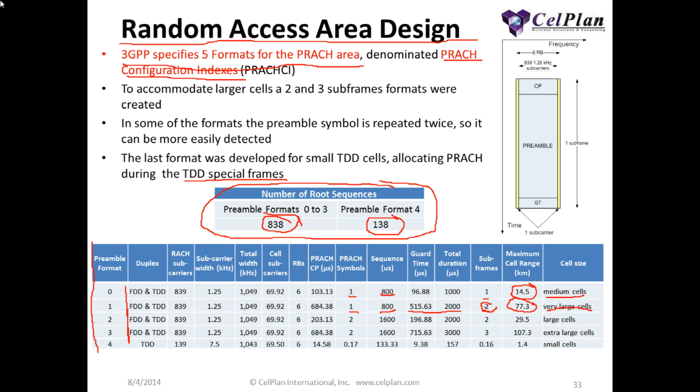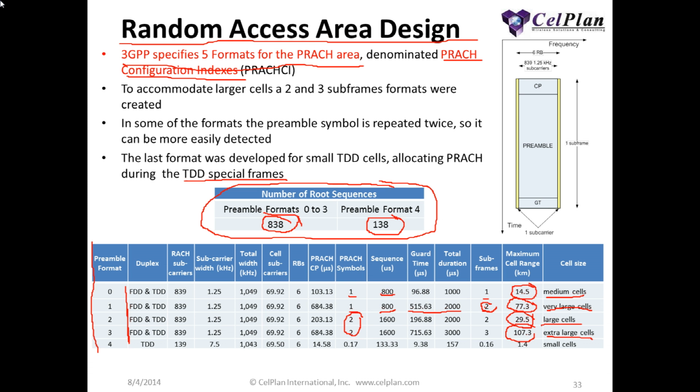And the other format is also for large cells and extra large cells that can go to 107 kilometers and so on, and they use two symbols. The reason to use two symbols is so it's possible to gather more energy. The symbols send the same code, and so we get a 3 dB gain, and it's up to the designer to choose which one of those formats. Most probably the bulk of the designs will use preamble format 0.